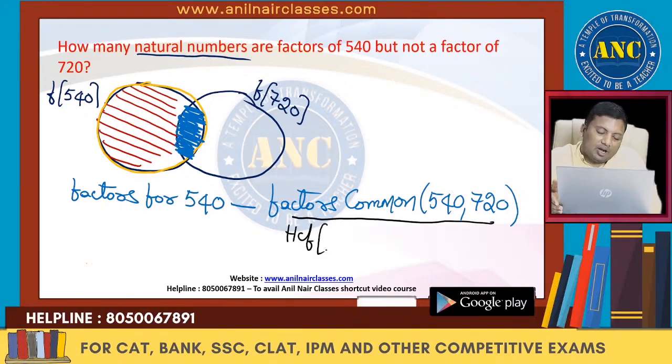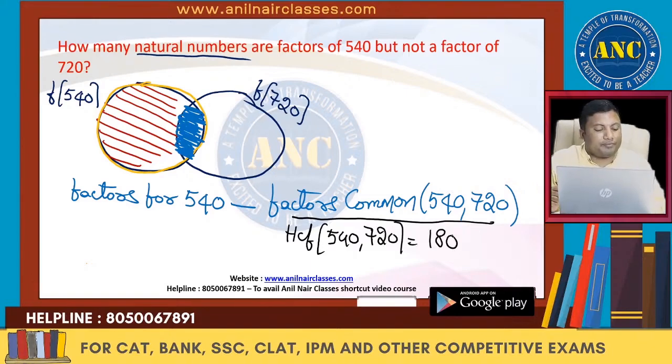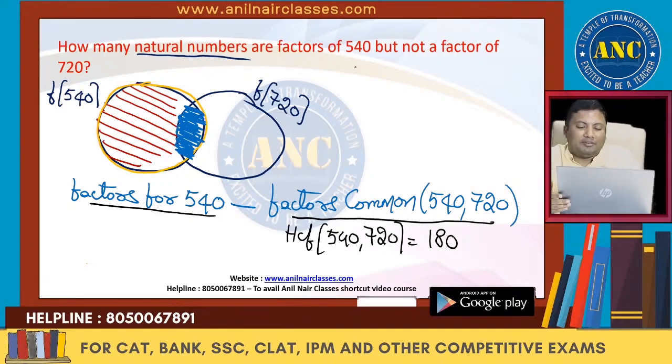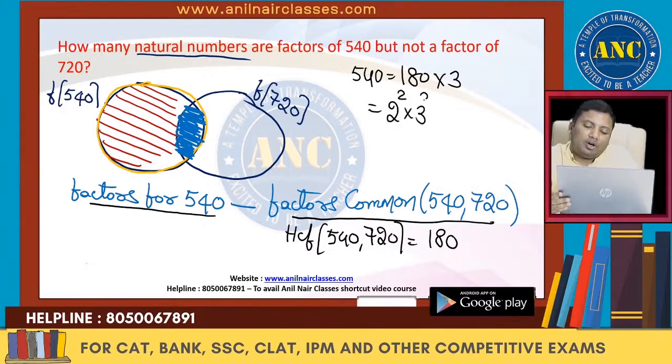What are the factors common to the given numbers? That is nothing but the HCF of 540 and 720, which is 180. So from the factors of 540, I need to remove the factors of 180. 540 is nothing but 180 into 3. 180 is nothing but 36 into 5, that is 2 square into 3 square into 5.